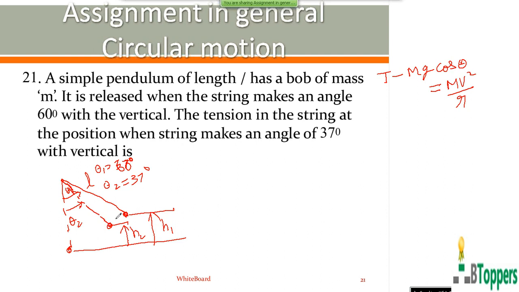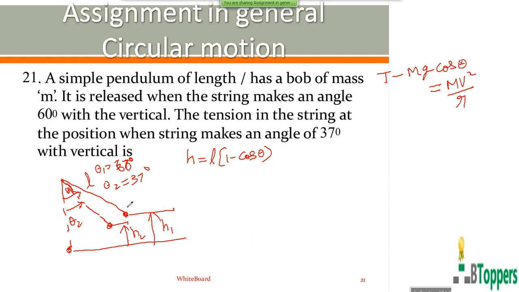As I explained and discussed in the past, in the case of motion of the bob of a simple pendulum rotating in a vertical circular path, at the instant when the string makes an angle theta with the downward vertical, the vertical height of the center of mass of the pendulum above the lowest position is equal to L into 1 minus cos theta, where L is the distance between the point of suspension and center of mass of the bob.